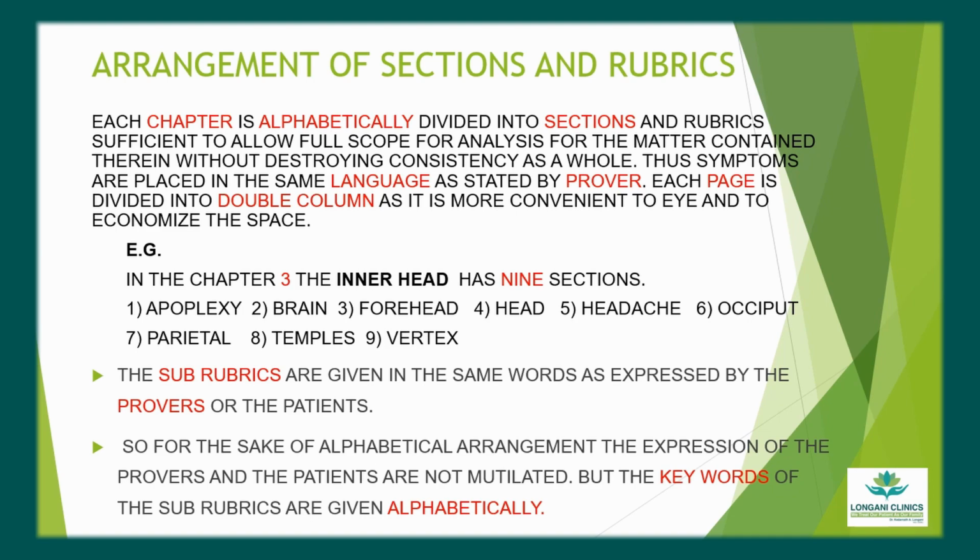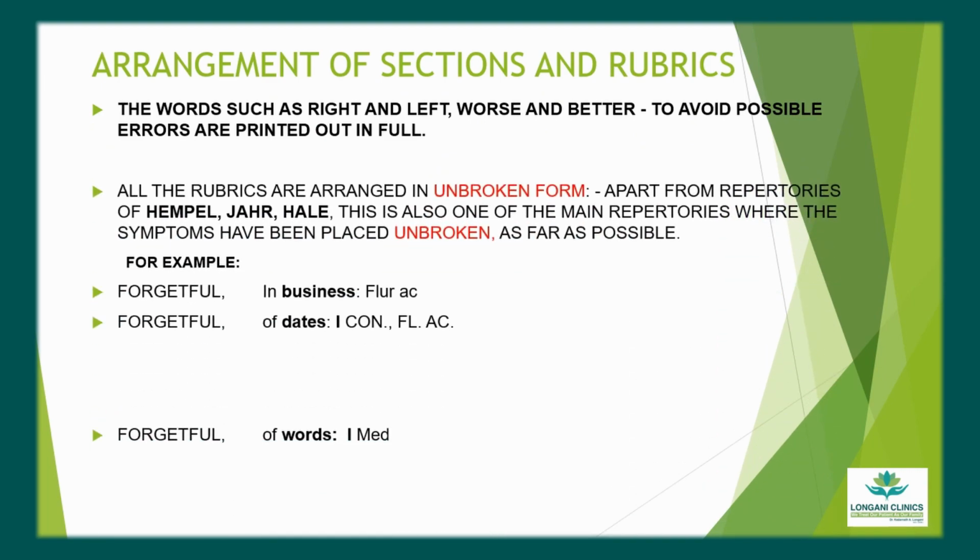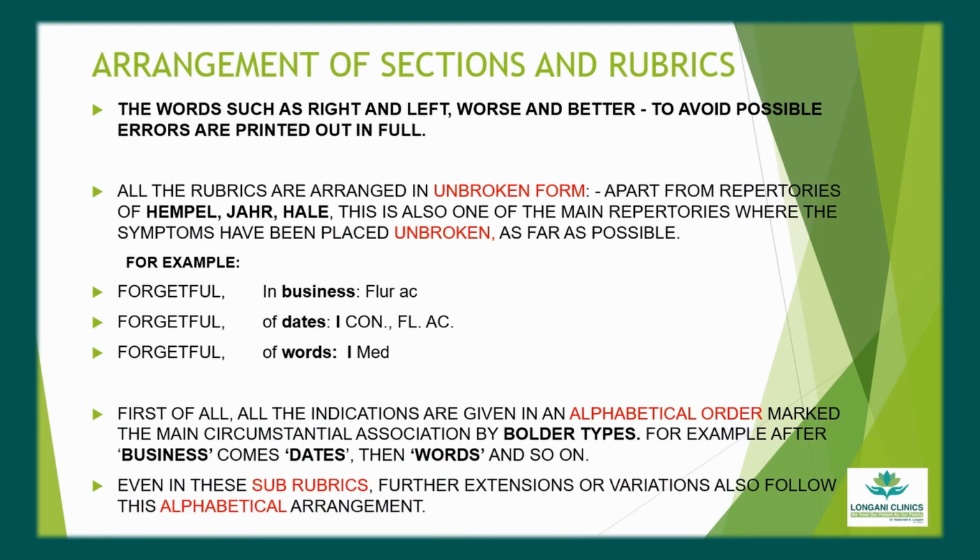The sub-rubrics are given in the same words as expressed by the prover or the patients. So, for the sake of alphabetical arrangement, the expressions of the provers and the patients are not mutilated, but the keywords of the sub-rubrics are given alphabetically. The words such as right and left, worse and better, to avoid possible errors are printed out in full.